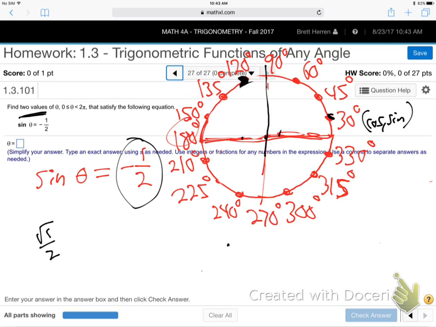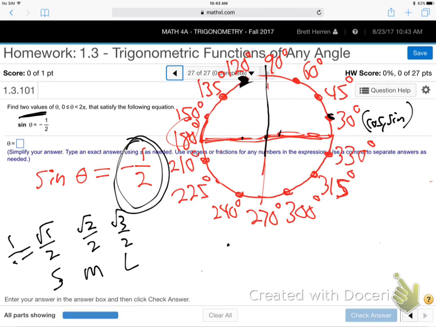Root 1 over 2, root 2 over 2, root 3 over 2. Small, medium, and large. Which one is this? Yeah, it's the small. Root 1 over 2 is the same as a half. It's negative, but it's small. So they're saying sine of theta is negative the small value.